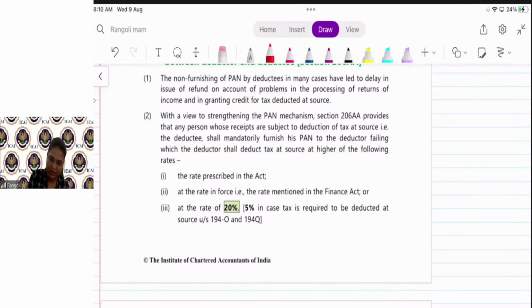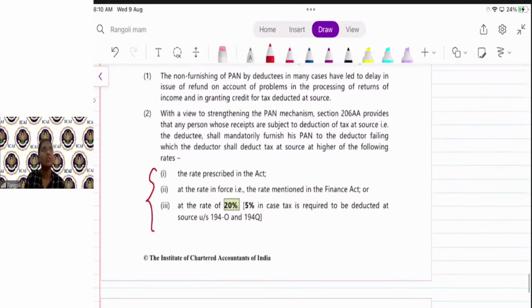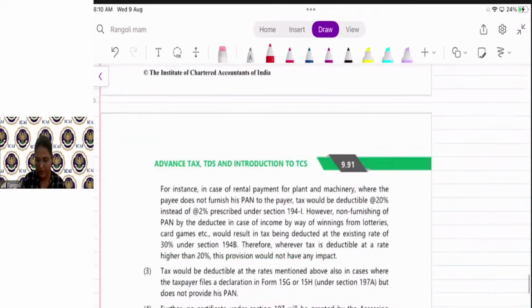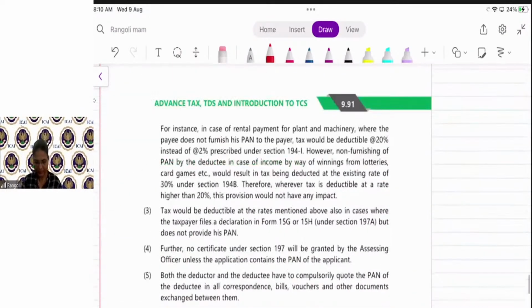So the payee needs to provide his PAN to the payer, right?